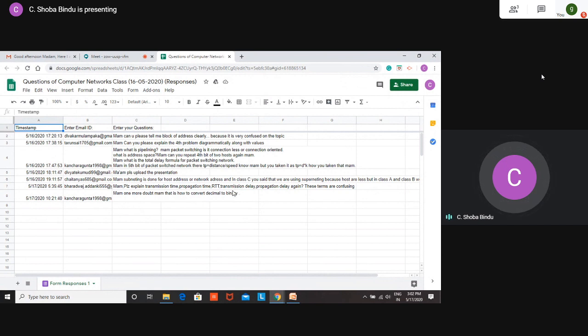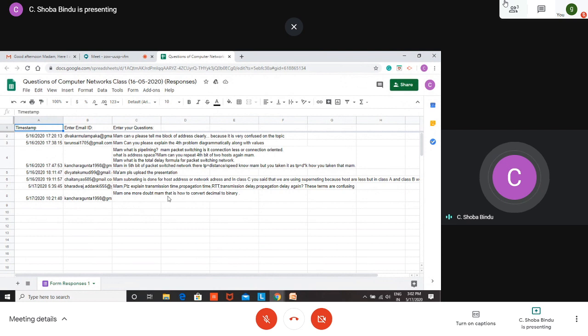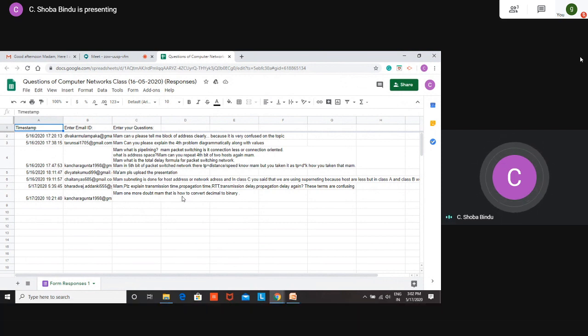Transmission time and transmission delay are the same. When you have a frame, say for example 1000 bits in a frame, the time it takes to place all these 1000 bits of the frame onto the channel is what we call the transmission time. So that depends on the length of the packet or the frame, since all these bits have to be placed onto the channel.